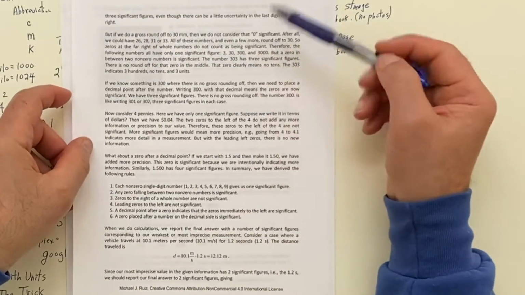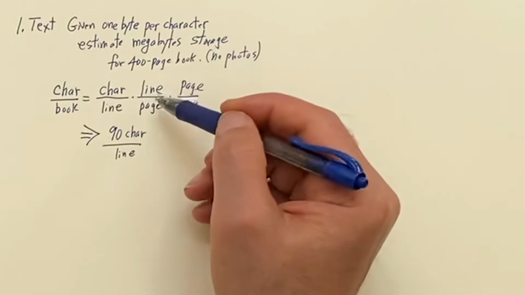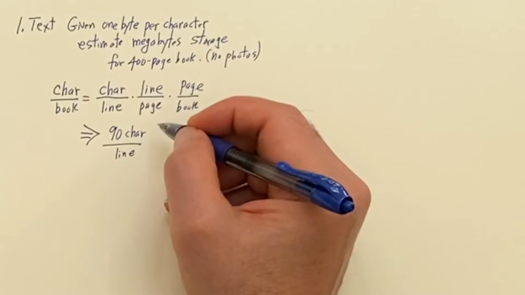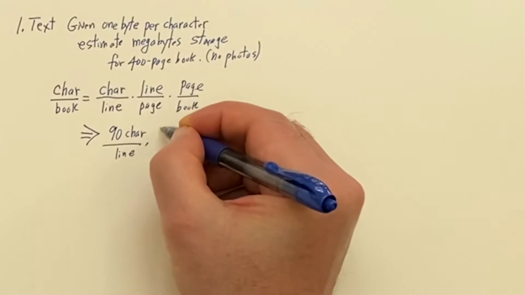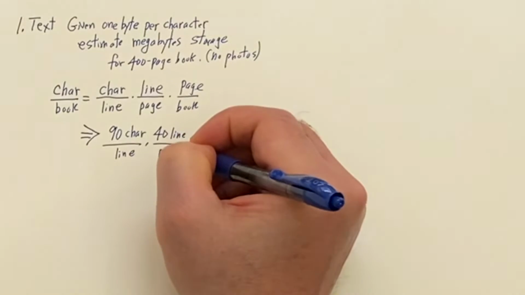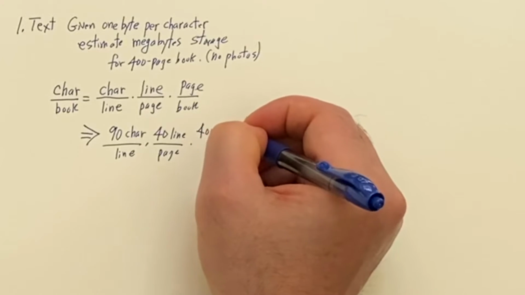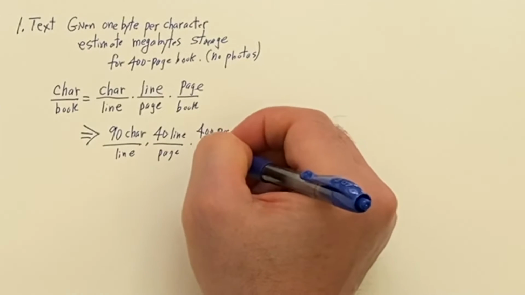So you're looking at something like this. So if you count the number of lines per page, you're going to get about 40 lines per page. And the problem stated you're going to have 400 pages per book.